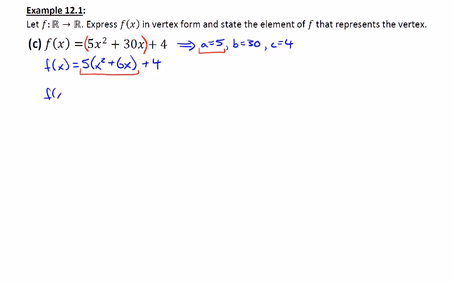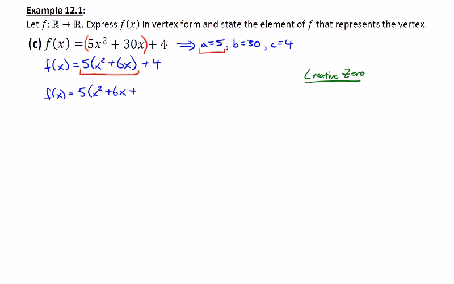To do that, I'm going to go ahead and copy down the x squared plus 6x, and then I'm going to leave a little blank space here and come over here to the side, and I'm going to do my creative zero calculation.